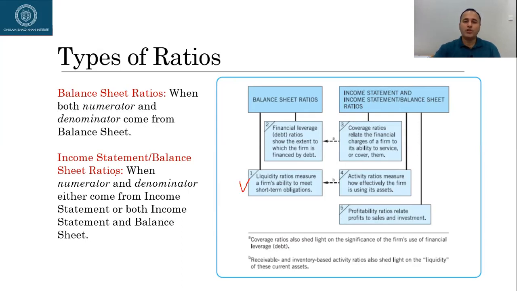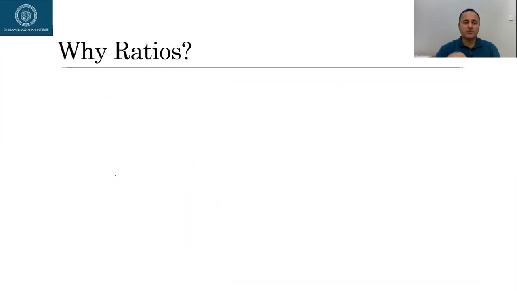But the book uses only two categories: balance sheet ratios, and income statement and balance sheet ratios. So it's simple. If both the numerator and denominator are coming from the balance sheet, I repeat, they are balance sheet ratios. And if they are coming from multiple sources, for example, balance sheet and income statement, then they are called income statement balance sheet ratios.